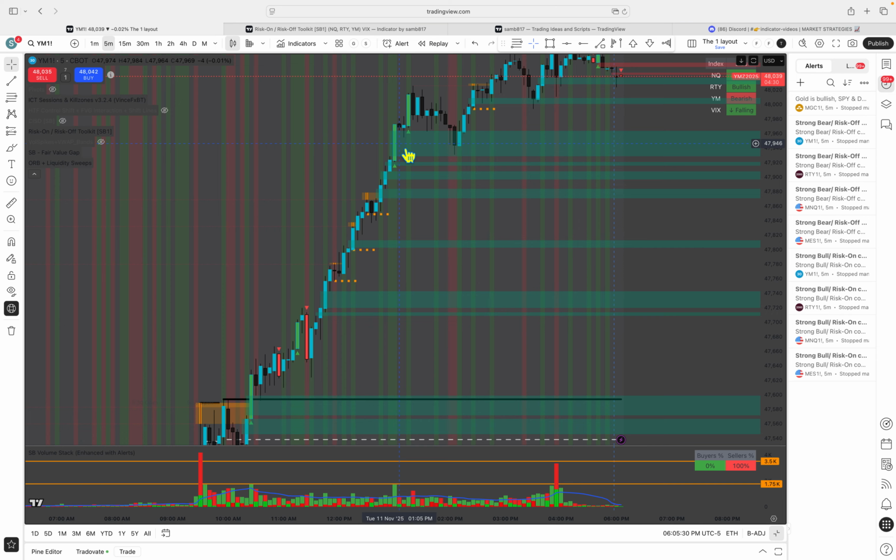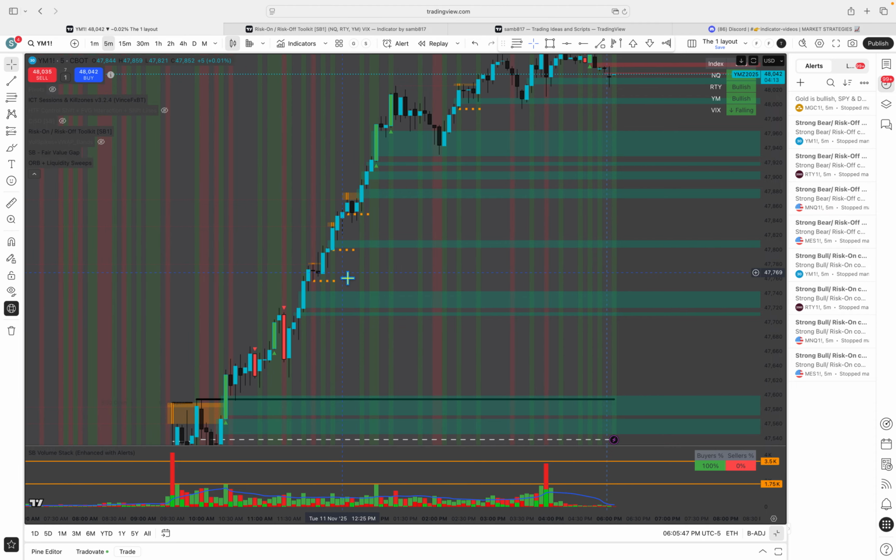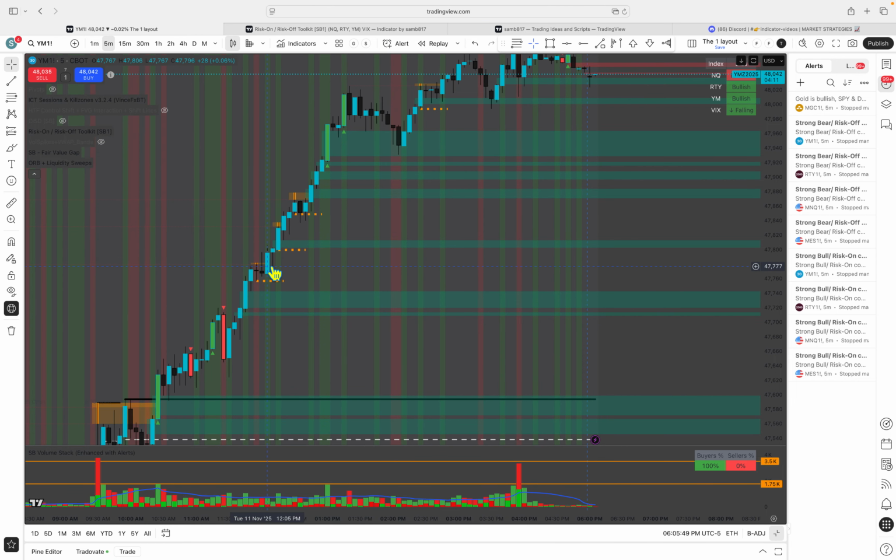If you're seeing price continuously make higher highs and higher lows, and it's going in and out of alignment, when you find that price is continuing back into alignment, those are your opportunities to get back in. Or if you're seeing price in alignment and maybe you didn't catch this move coming up, but the fair value, well, actually it wasn't a fair value gap right there, my apologies.